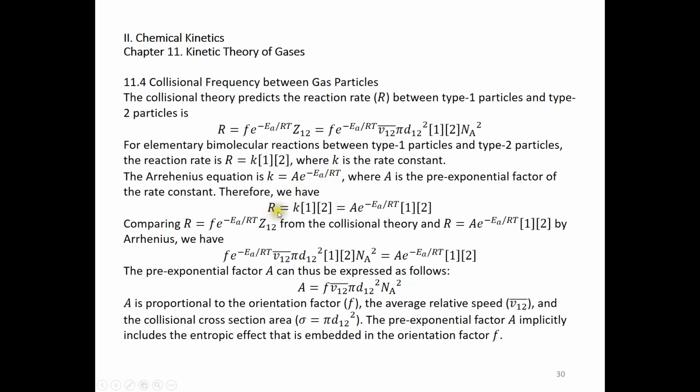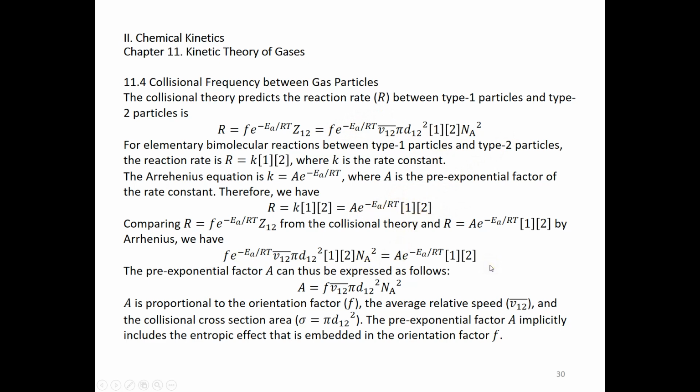So the reaction rate is simply the pre-exponential factor in the rate constant multiplied by this energy factor, in the form of an exponential function, times the concentration of 1 times the concentration of 2. And look, we have two equations for a reaction rate. Over here, that's from collisional theory, and over here from general chemistry. I will just put an equal sign between this and this.